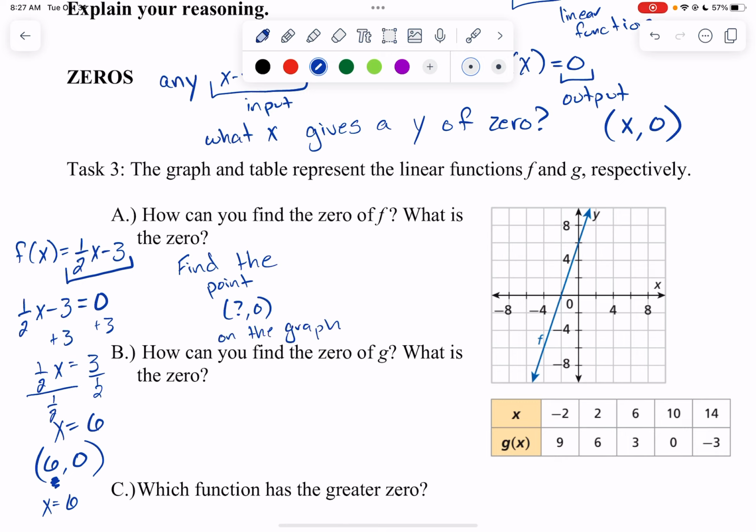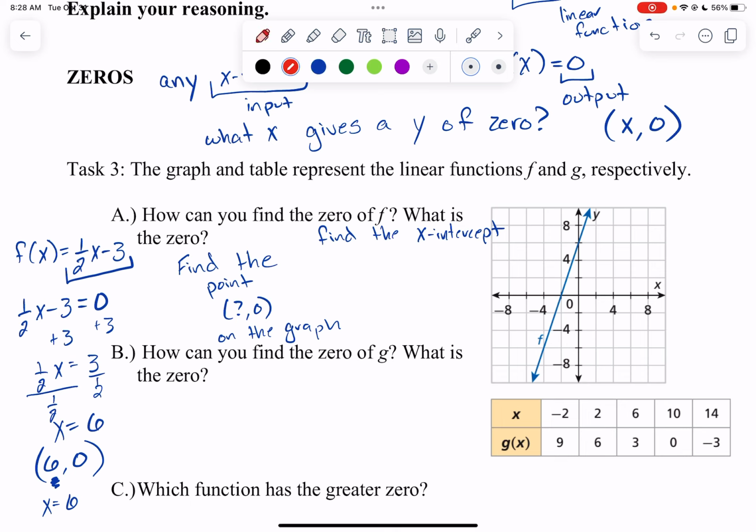I'm looking for where the y value is 0. My y is my up and down, so that's going to correspond with the x-intercept. Basically, I'm looking to find the x-intercept, because at that x-intercept, my y is going to be 0.